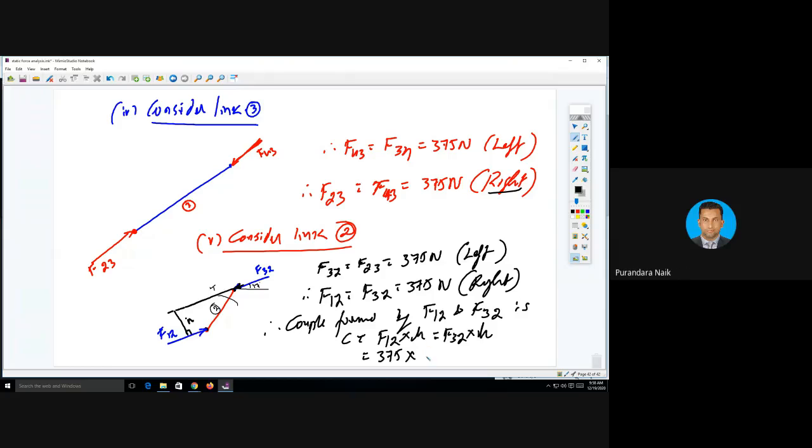It is 1.3 into scale, 100 per 1 centimeter.